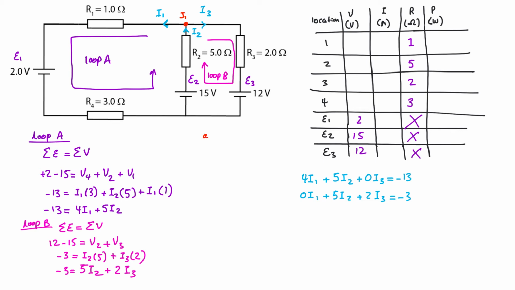And at junction 1, the total current going in needs to equal the total current coming out. So looking at this junction over here, the current that goes in is I2, and the currents that are coming out of this node or junction are I1 and I3. So I'll write it as I1 plus I3. And this is my equation.